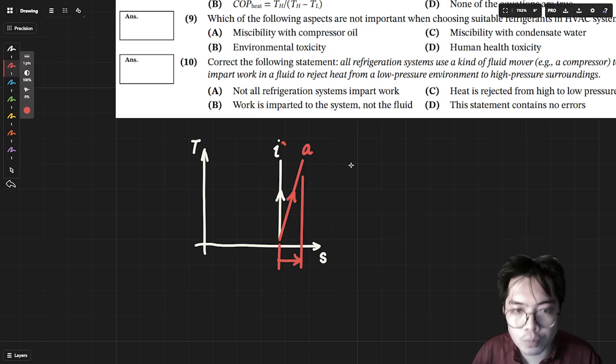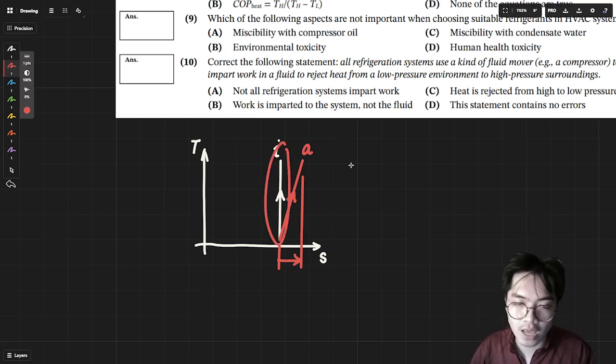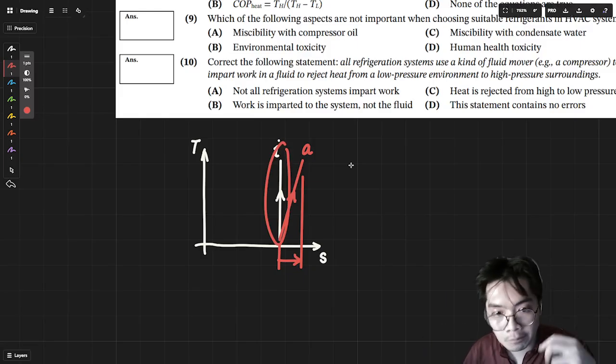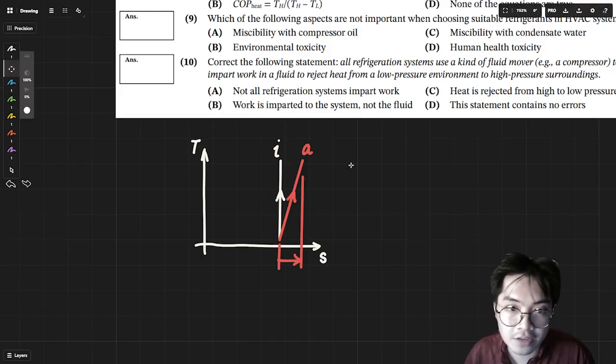This is supposed to be what happens in TS diagrams for thermodynamic cycles, for an isentropic, quote unquote, isentropic process. But that does not happen because entropy always increases.